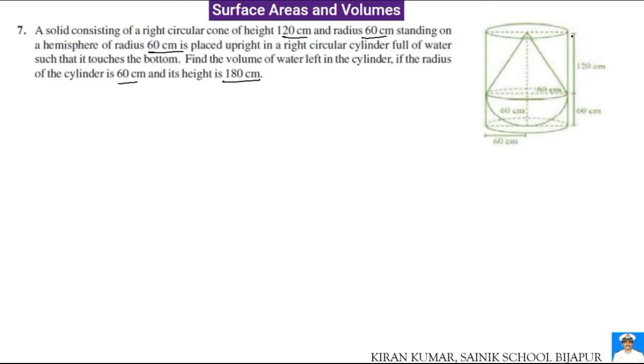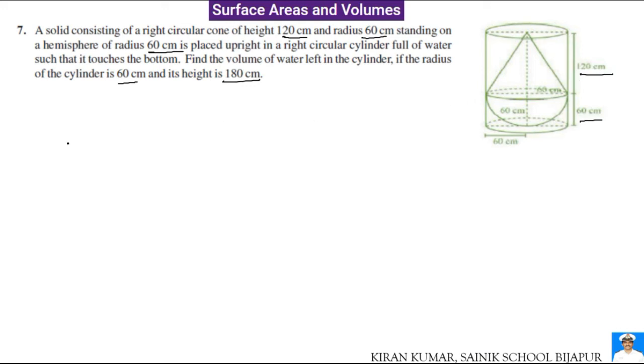Here the height of the cylinder is 180 cm together, and the radius of the sphere is 60, so the height of the cone is 120 cm.